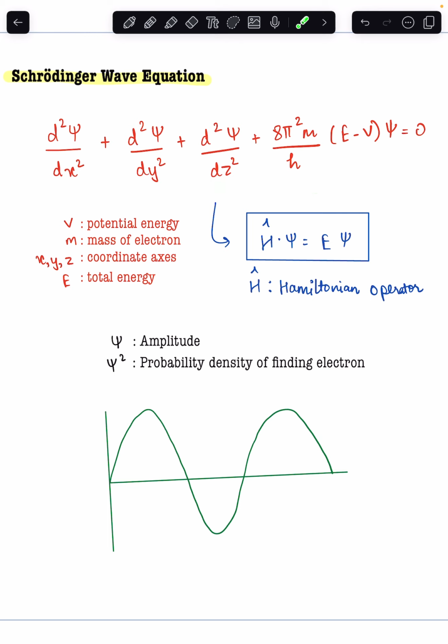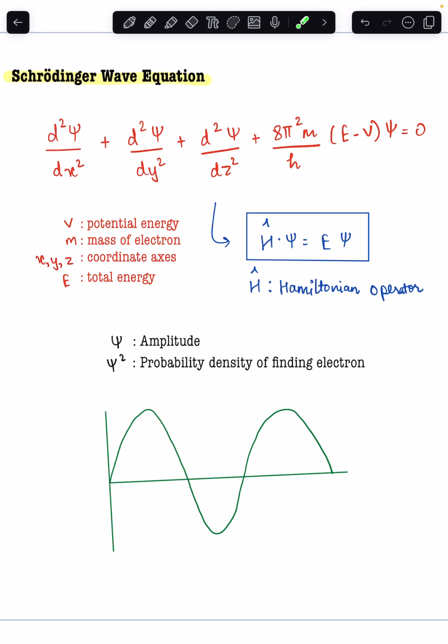This equation is not too hard to learn. It is d square psi by dx square, d square psi by dy square, d square psi by dz square. This is very simple, and then you just need to learn the rest. This thing you need to memorize, which is not that difficult.